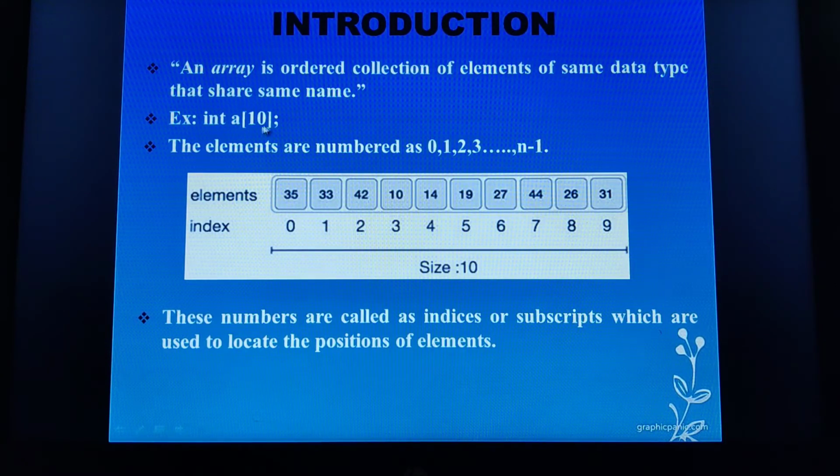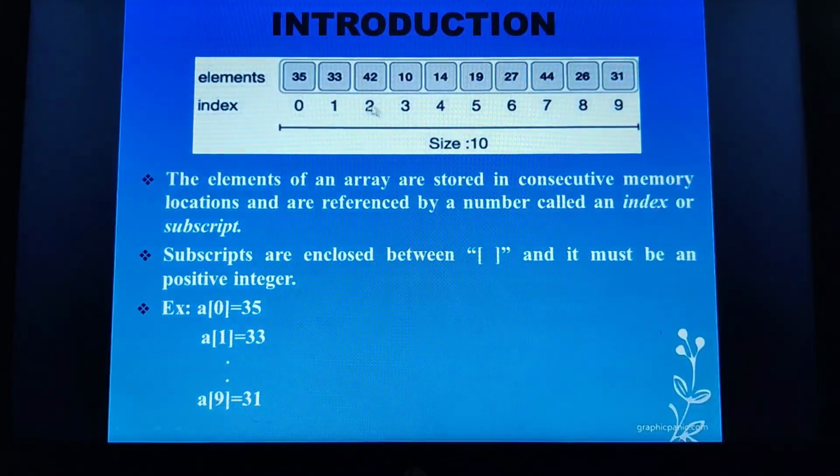It is not like the first 2 elements are stored, then a gap, again the next 2 elements, then 2 gaps, again 1 element. No, array elements will not be stored in such a way. Array elements are always stored in contiguous memory allocations, where they are referenced by the index or the subscript.